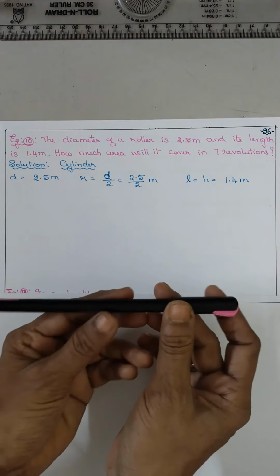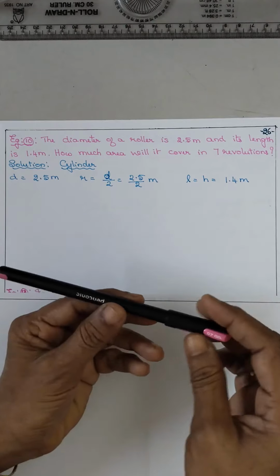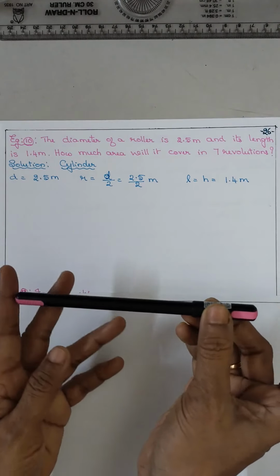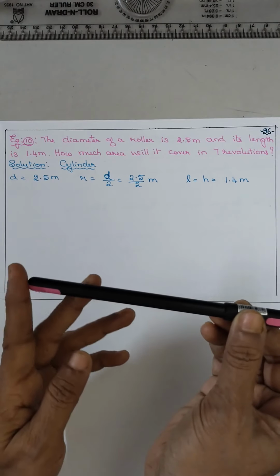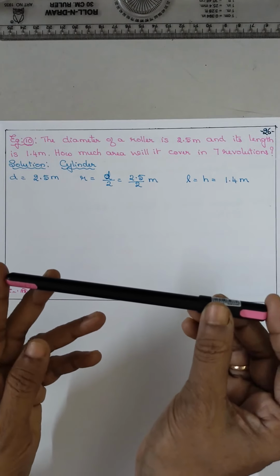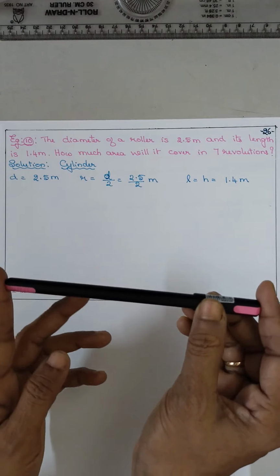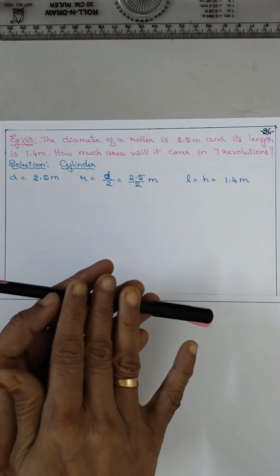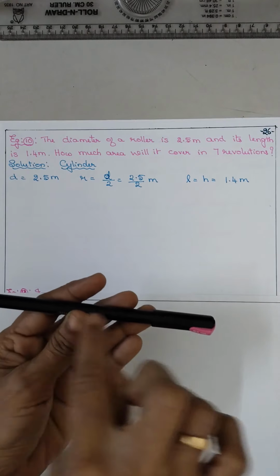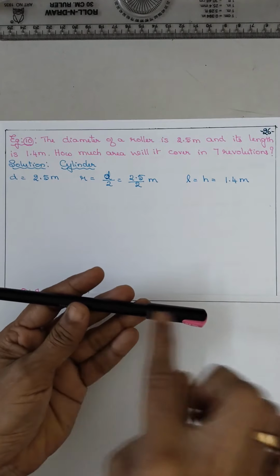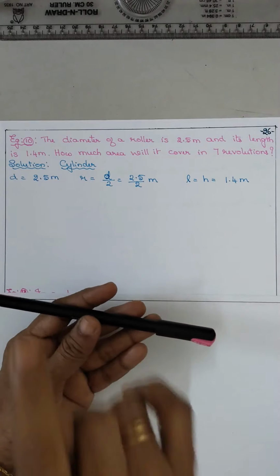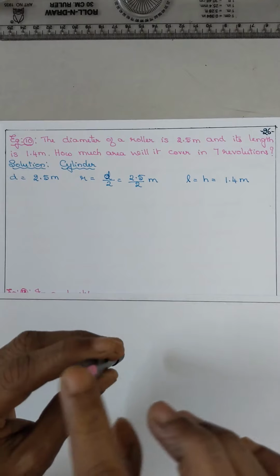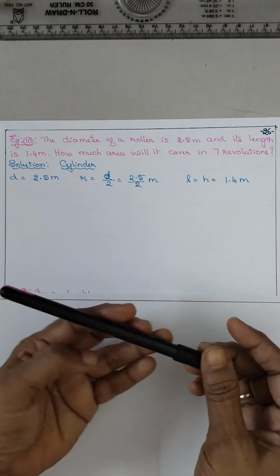If you think this is a roller, it is round and in cylindrical shape. This and this are the top and the bottom, which are flat. The length, that is the height of the cylinder, is 1.4. The full diameter is 2.5 meter.